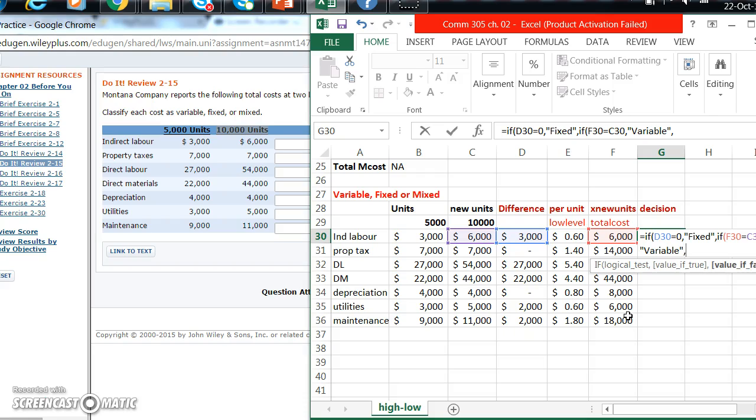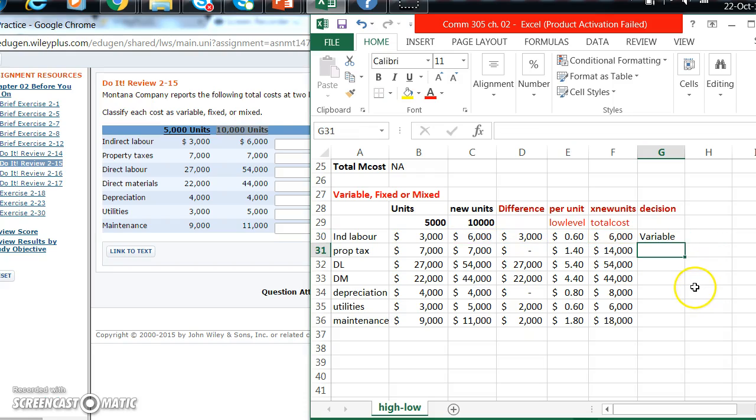But what happens if not? If these two are different, we say that is a mixed cost. A mixed cost, so we have a fixed cost and variable cost associated with that activity. Then don't forget to close your parentheses, and then you're done.